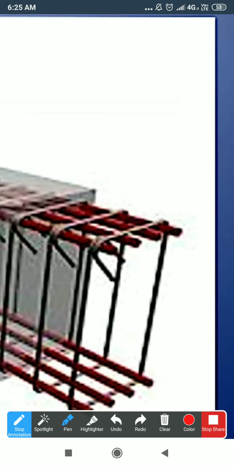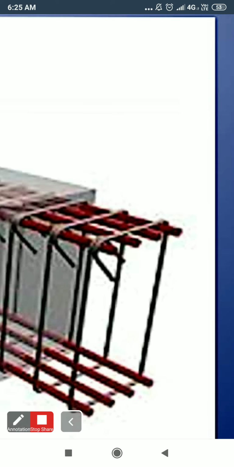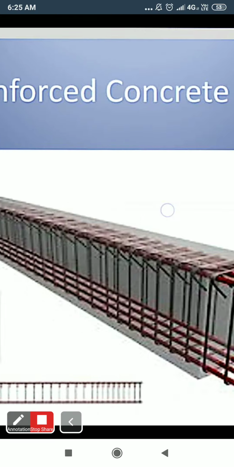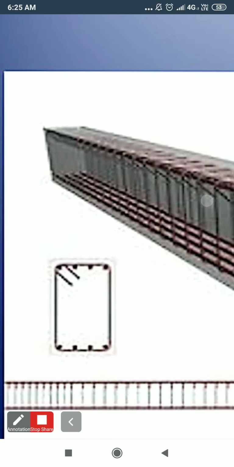Next, the longitudinal drawing. How do we draw the longitudinal section? This is your longitudinal section, where you cannot see all the four bars at the top and bottom because it is an elevational view. There will be one bar behind another, so you cannot see all four bars in the elevation, whether top face or bottom face.